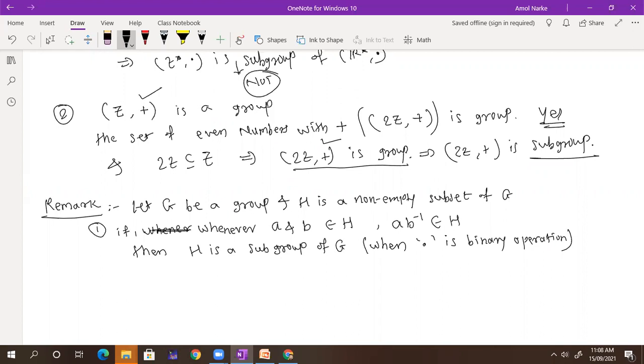You just need to take any two elements from H and find out whether A into B inverse also belongs to H or not. That's it. The first condition is that H be a non-empty subset of G. Everyone got this?